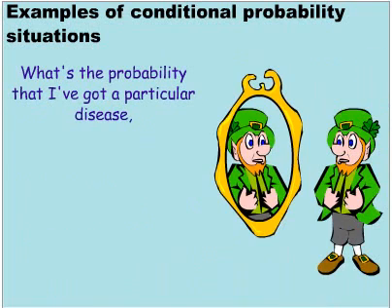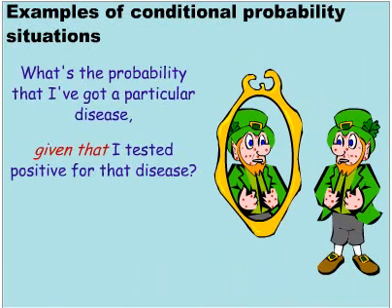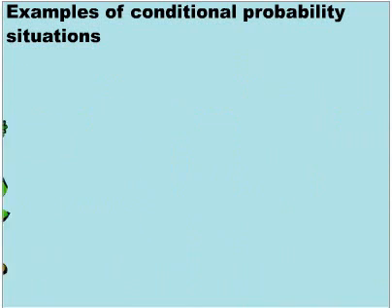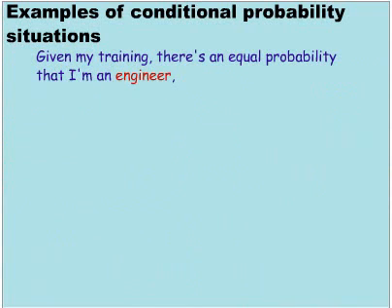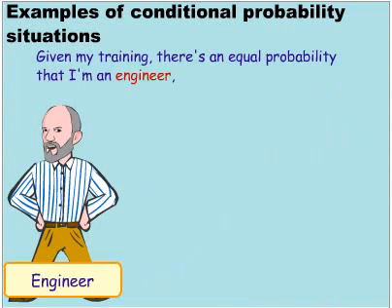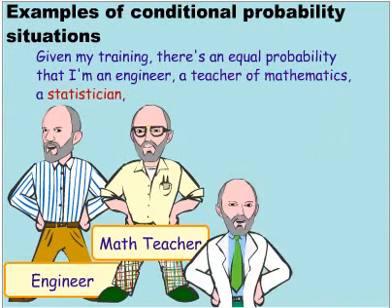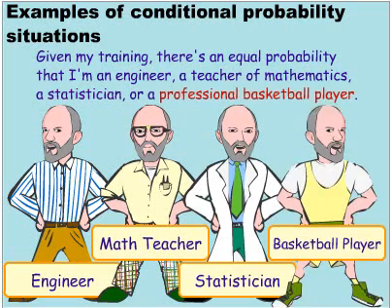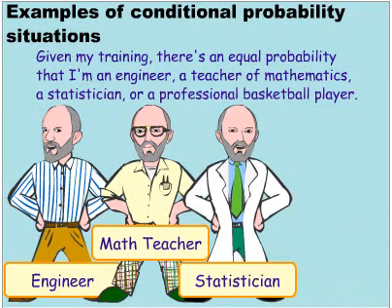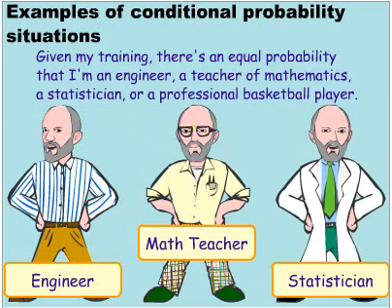What's the probability that I've got a particular disease, given that I tested positive for that disease? Given my training, there's an equal probability that I'm an engineer, a teacher of mathematics, a statistician, or a professional basketball player. Given that the basketball thing didn't work out for me, what's the probability I'm a statistician?